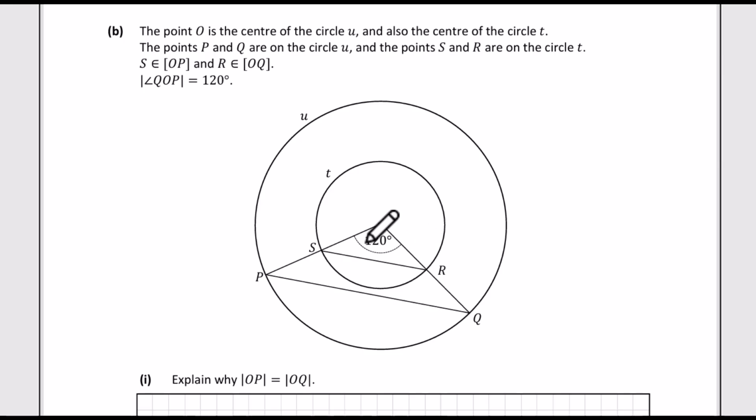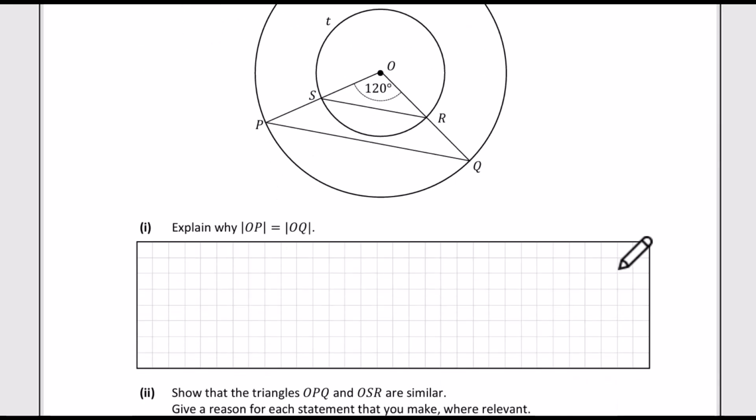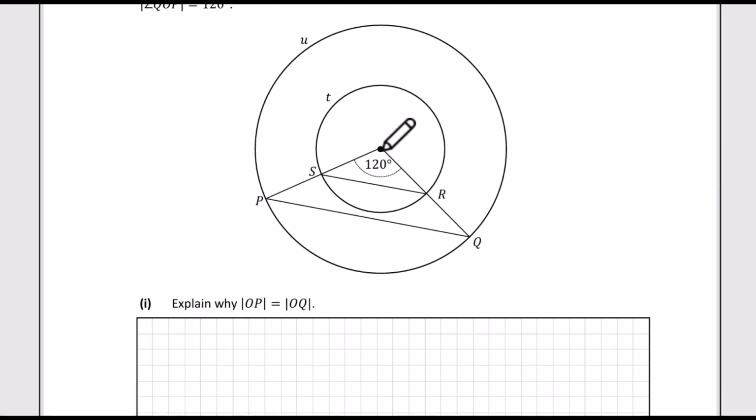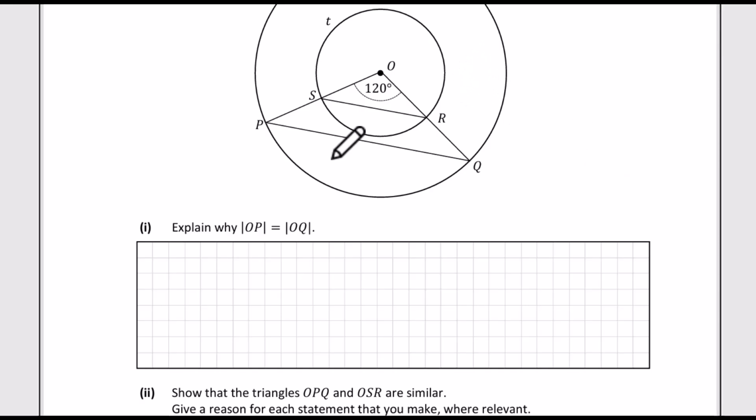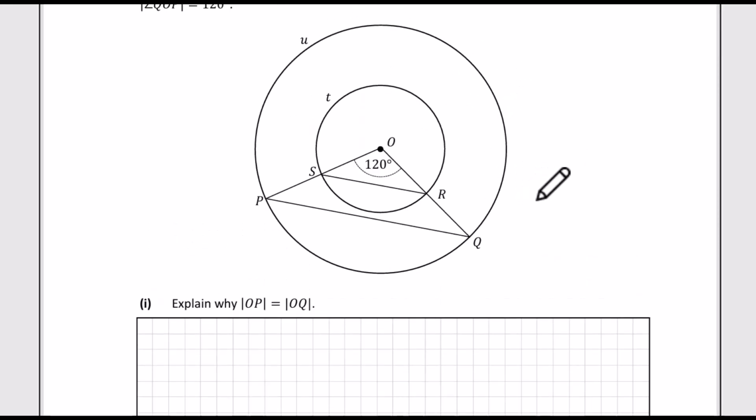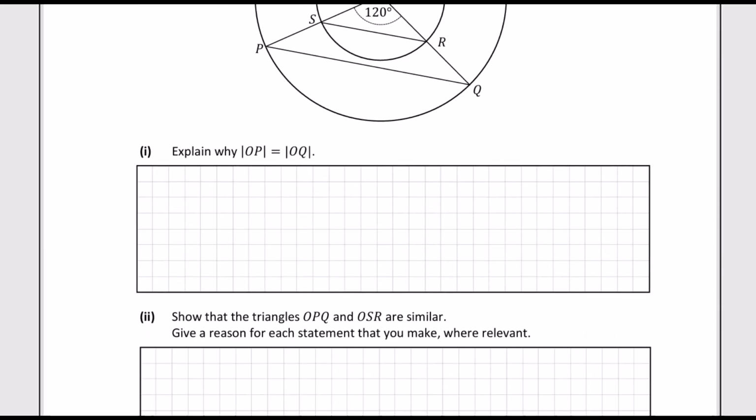This angle here is 120 degrees. Explain why OP, the distance from here to here, and the distance from O to Q are the same. Well, they're both radii of this circle U. So you just write that in, and that's it.